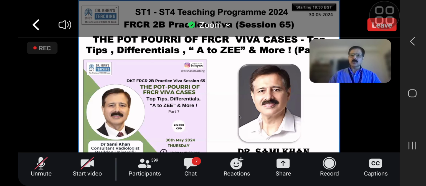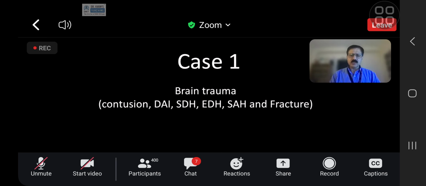Now, the first case is brain trauma. We have got various kinds of injuries, and these include contusion, diffuse axonal injury, subdural hematoma, extradural hematoma, subarachnoid hematoma, fracture.